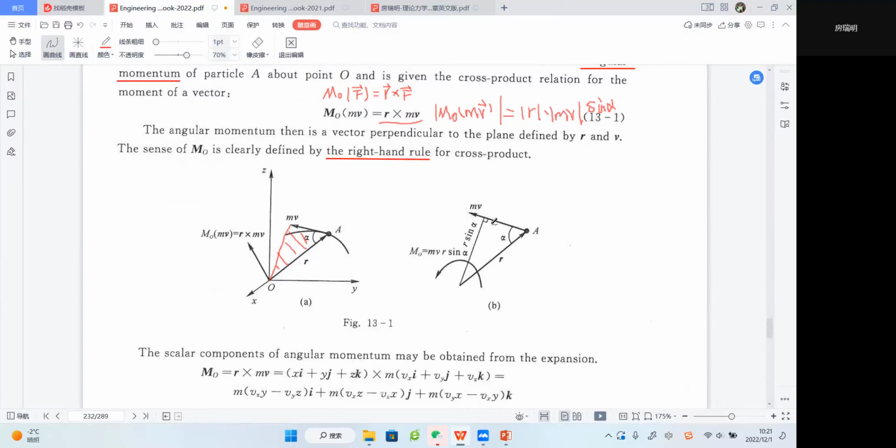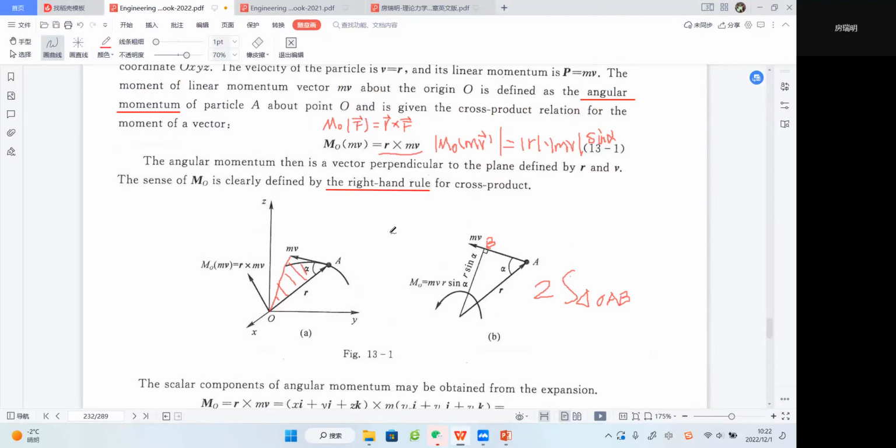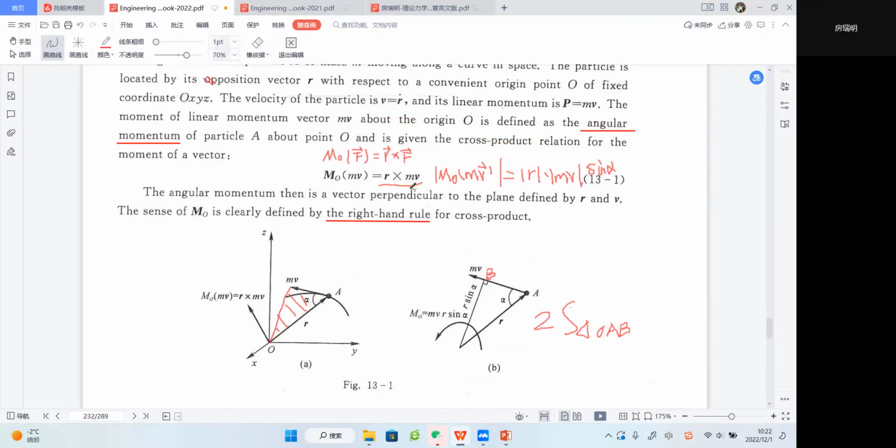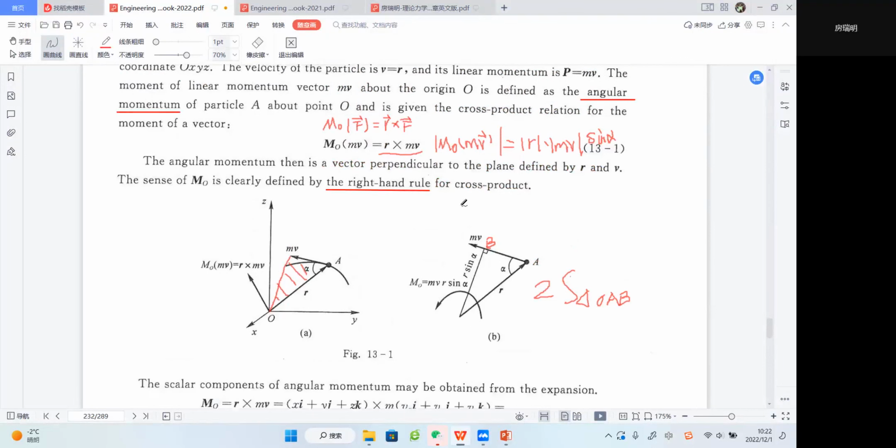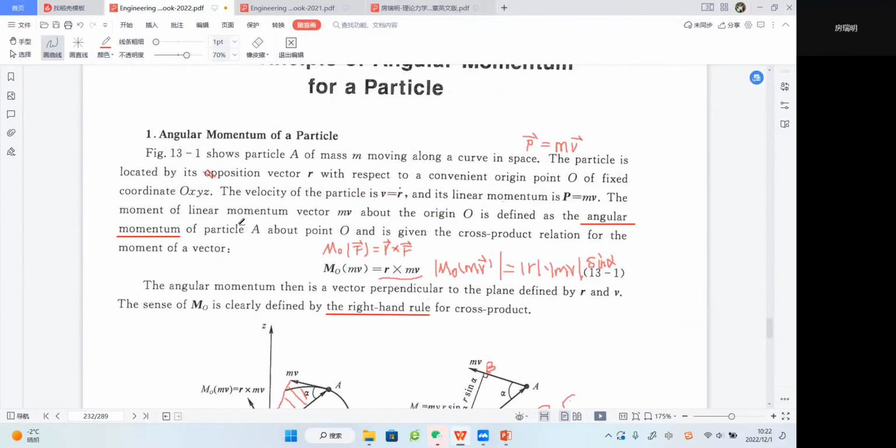If you look at this picture, you will find this value equals 2 times the area of triangle OAB. That's how we give the definition of angular momentum and how to calculate its magnitude and direction. So this is the new concept of angular momentum of a particle.